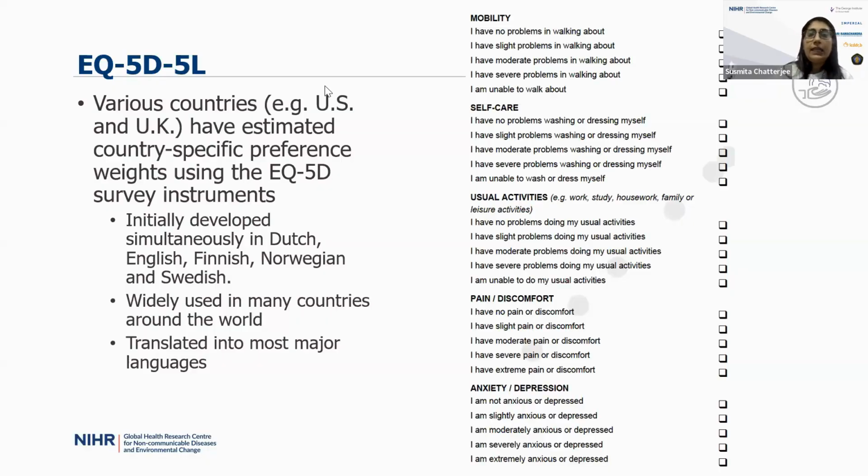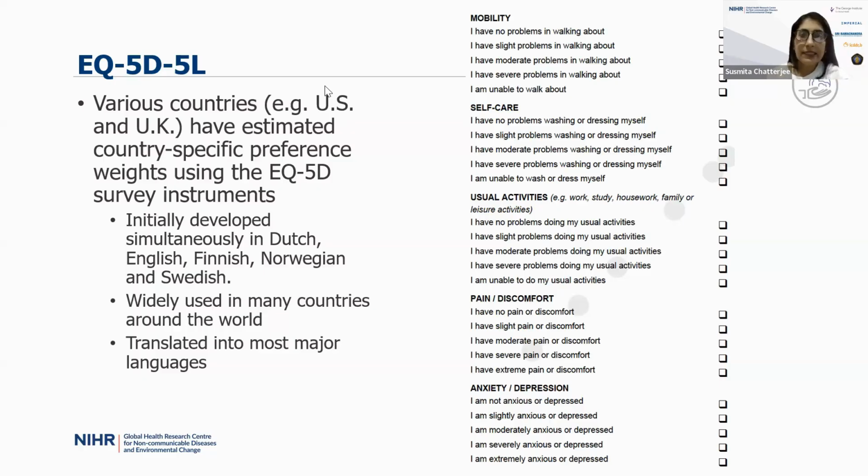It has been tested in India and is available. The questionnaire is available in many languages. When I did my study, I got it in Hindi, Tamil, and Marathi, based on my requirement.